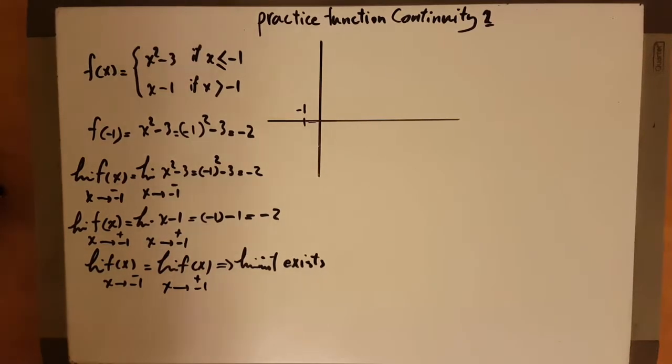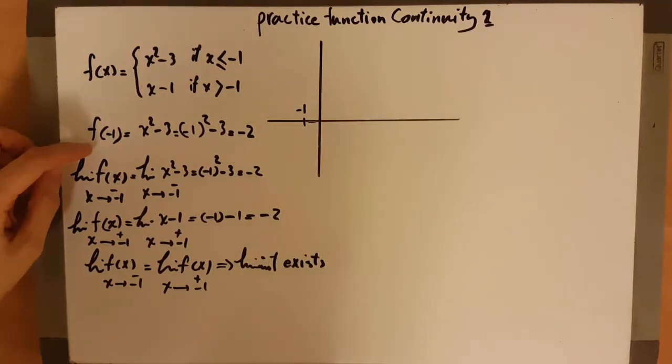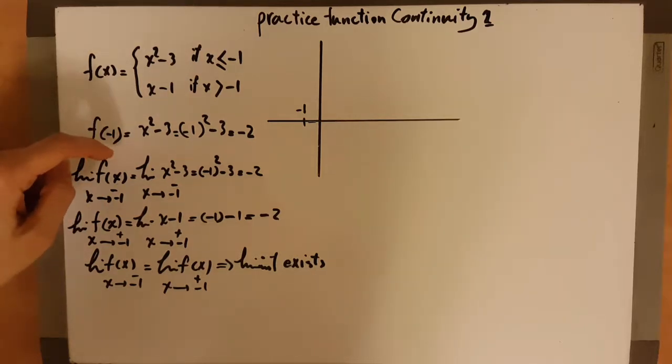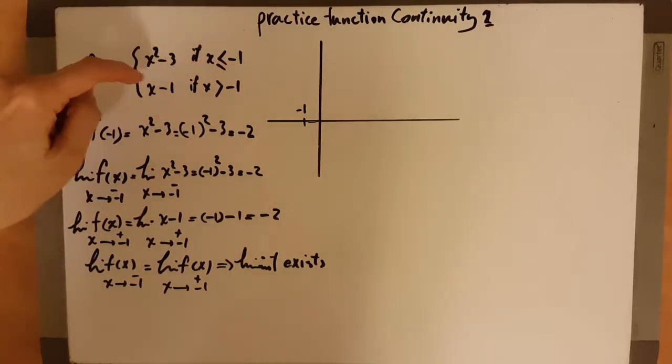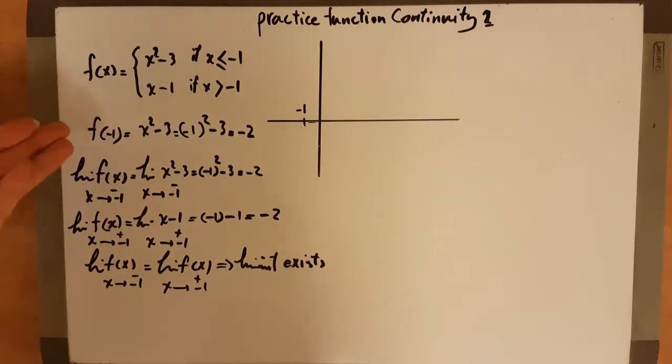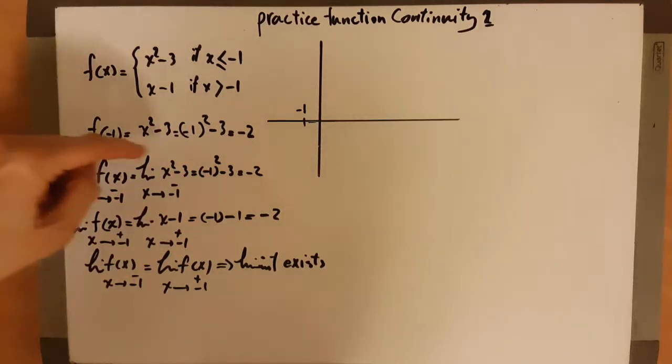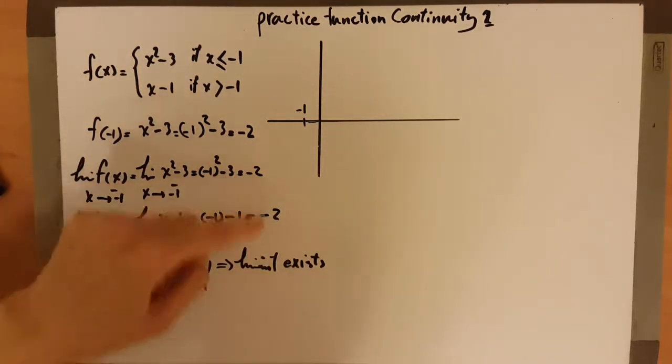And then the other condition: I can see that f of -1 is defined. The function is defined at the point -1 because it exists in here. So the other condition is met. And also f of -1 at the point -1 equals the limit.